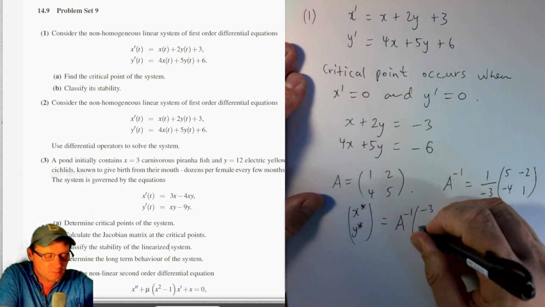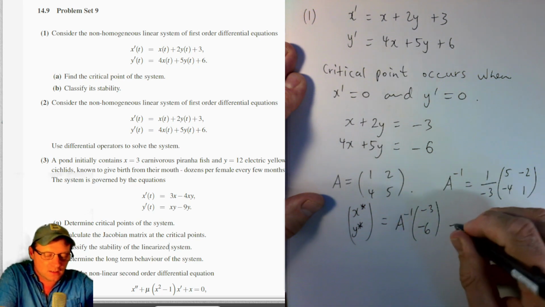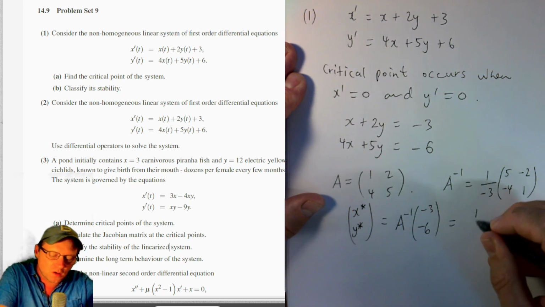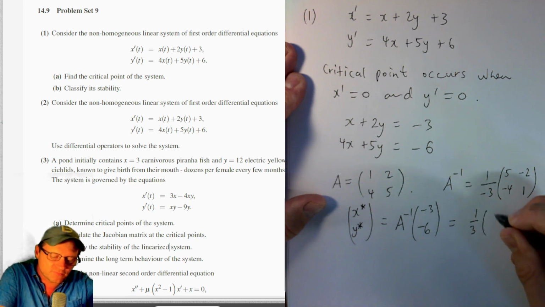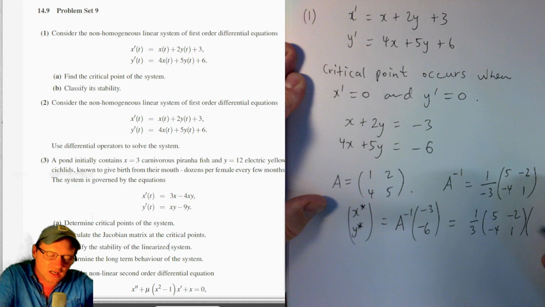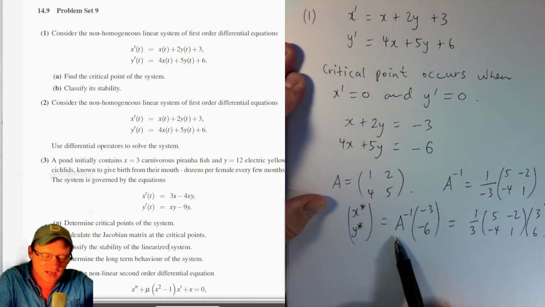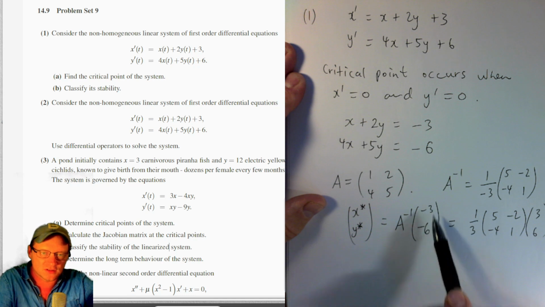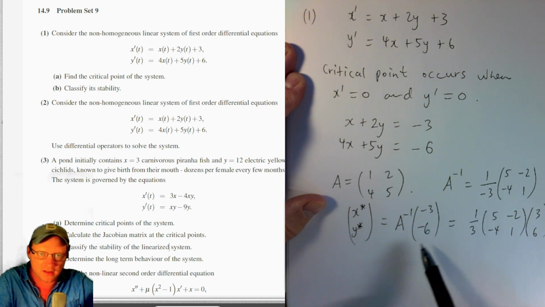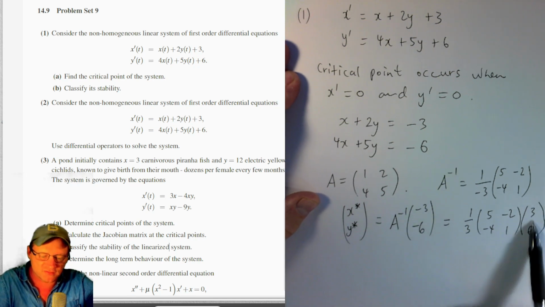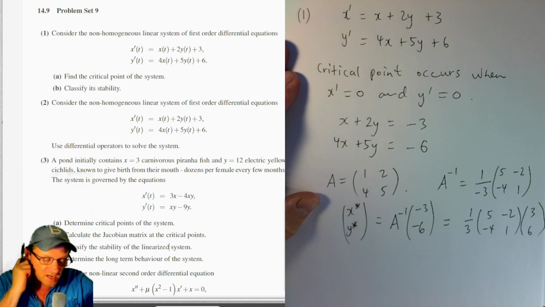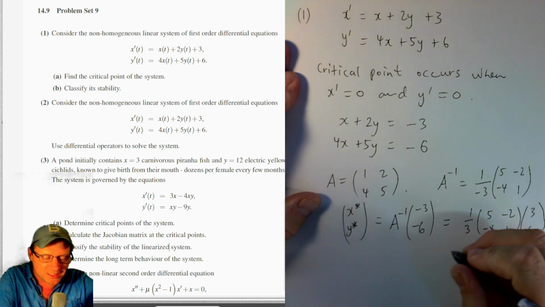Okay, and so (x*, y*), our critical point, is equal to A inverse times (-3, -6). And so we have 1/3 times the matrix (5, -2; -4, 1) times (3, 6). What I've done with the minus sign is I've brought it through all the way to these minus signs so that the product gives positive numbers, which I think will make the calculation a little bit more clear.